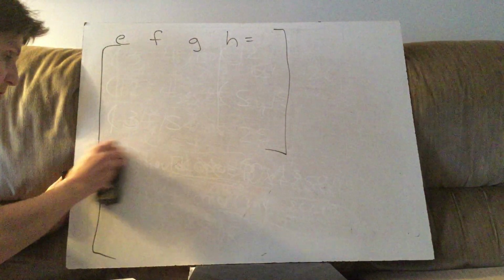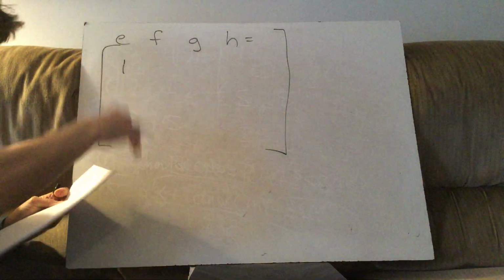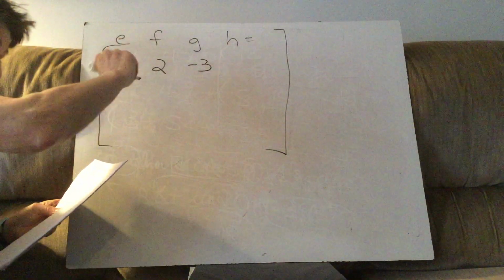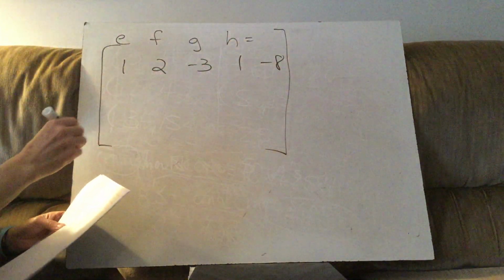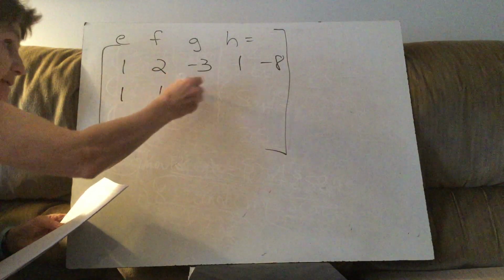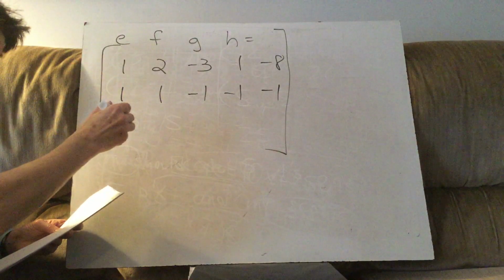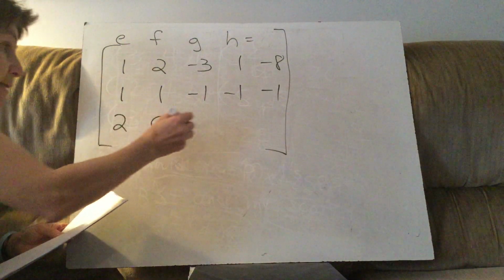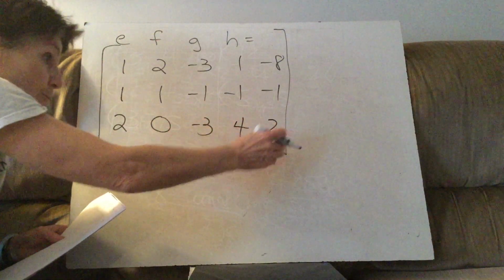Anyway, there it is, E, F, G, and H. So we have 1 E, 2 F's, negative 3 G's, 1 H, and it equals negative 8. So there's the first row. Then we have 1 E, 1 F, negative 1 G, negative 1 H, and negative 1. 2 E's, no F's, negative 3 G's, 4 H's, and 2.